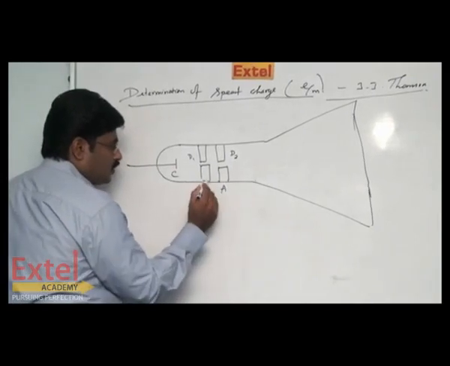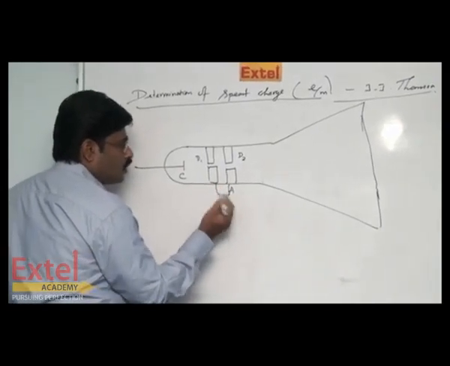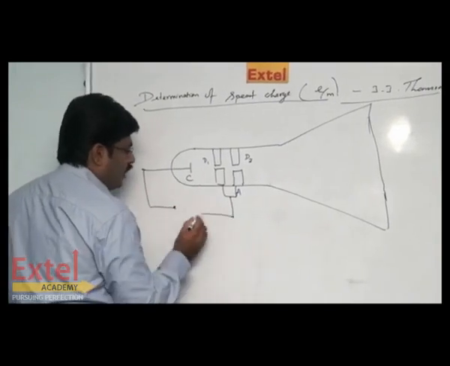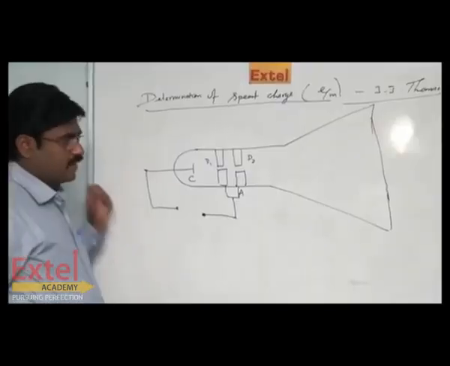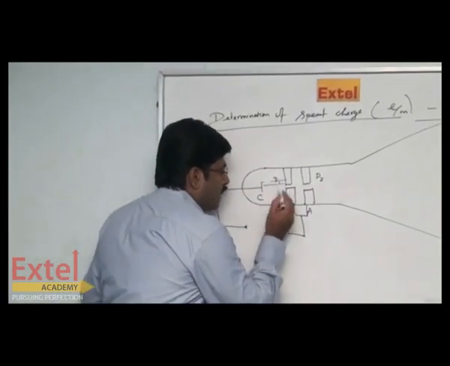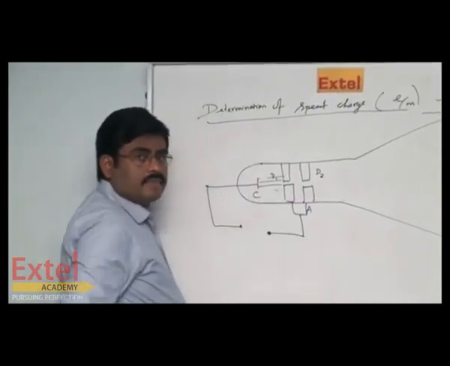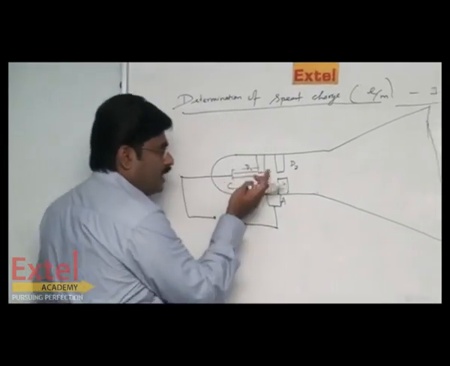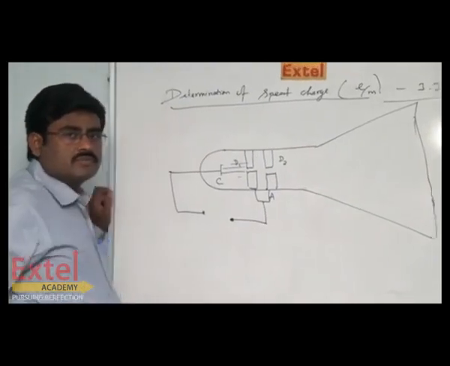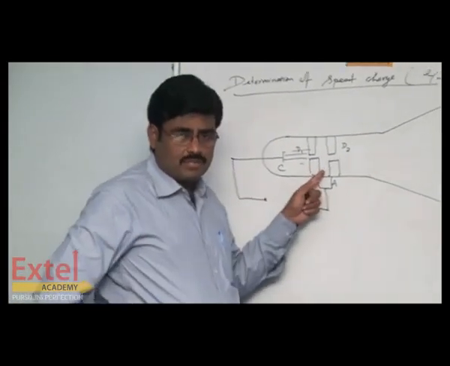When the anode and cathode are maintained at a very high potential difference, cathode rays are emitted from the surface of the cathode. The emitted cathode rays are accelerated by the 2 anodes, which are nothing but diaphragms.